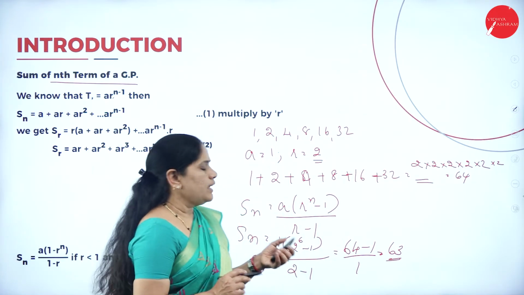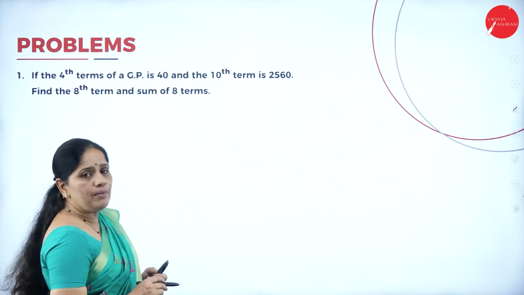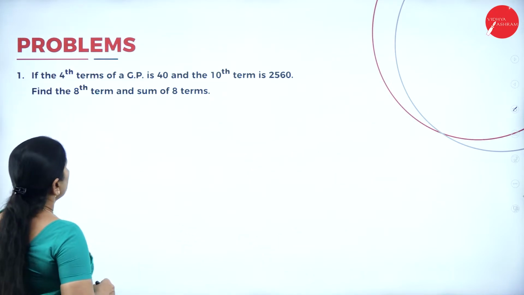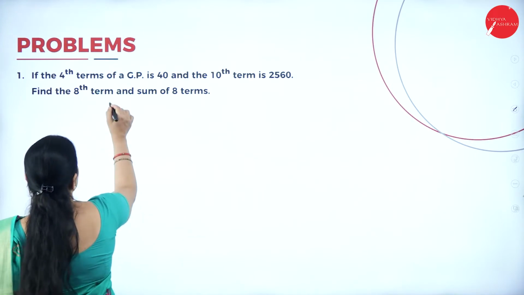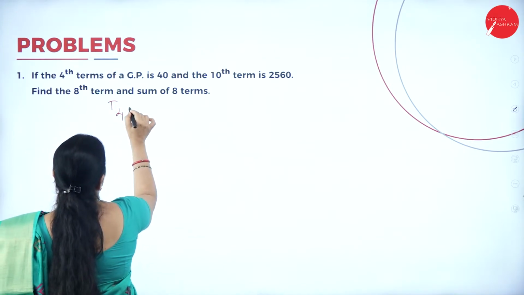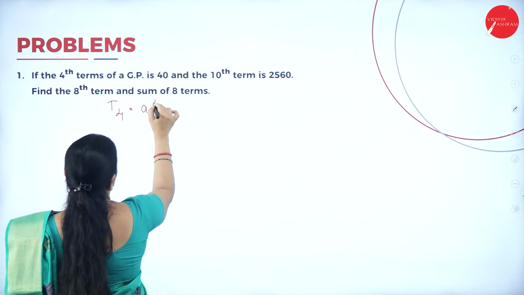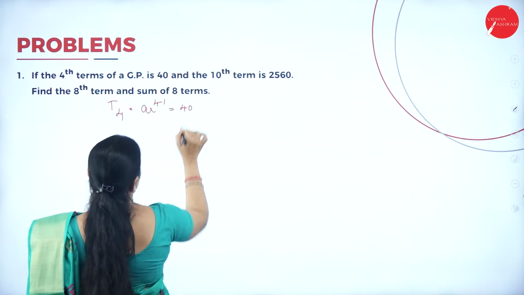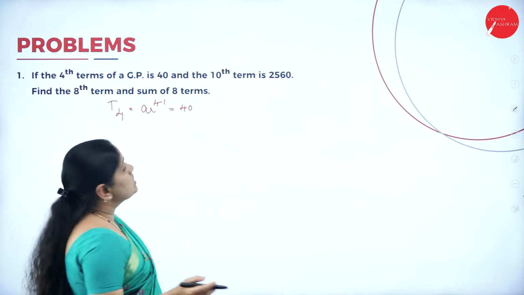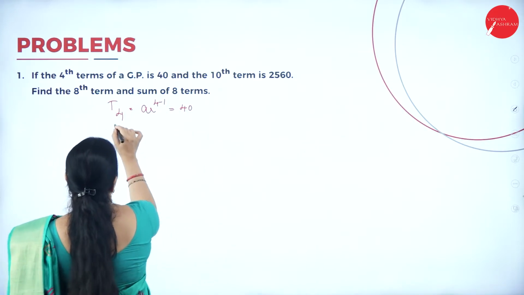Now let us work out one problem given. So what is the problem here? The fourth term of the GP is 40. So T4 equals ar to the power 4 minus 1 equals 40. And they have also given the 10th term.